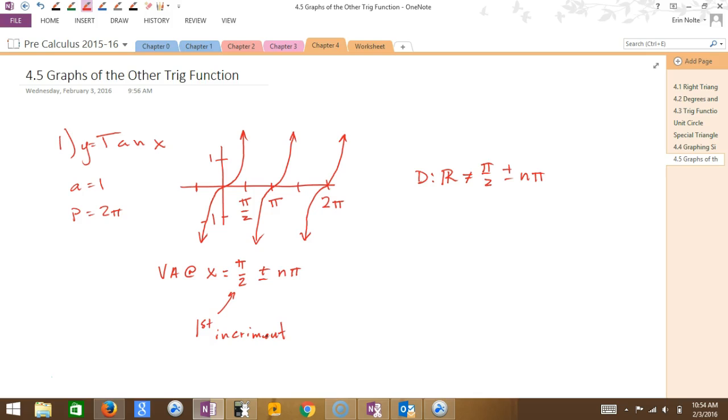Is it increments? That looks wrong to me. I'll just draw really sloppily. Perfect. And then this distance, the pi, will always come from the second increment. I'm going to say inc. There we go. Perfect. By the way, what's the range of this?